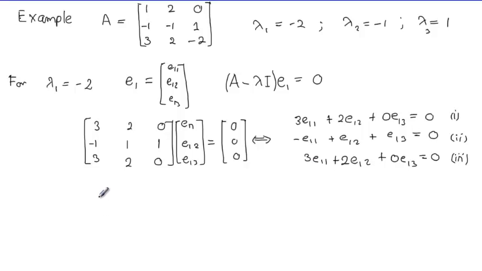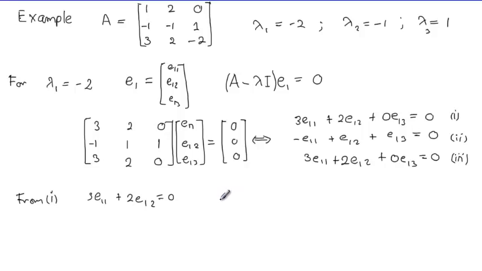Then we'll get 3E11 plus 2E12, that is from equation 1 or 3, equals 0.